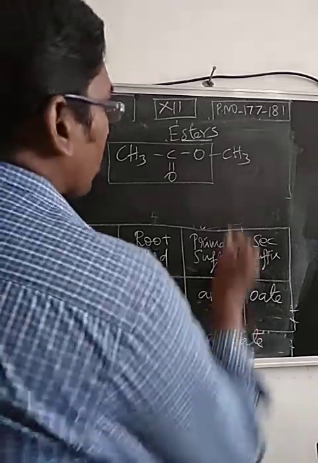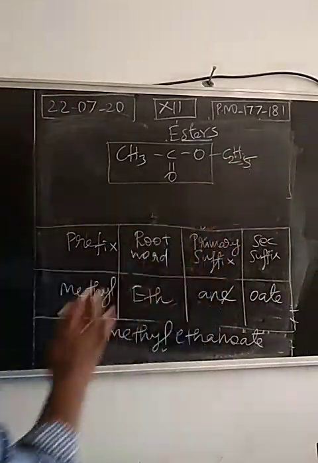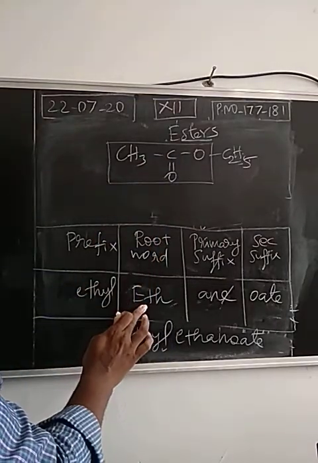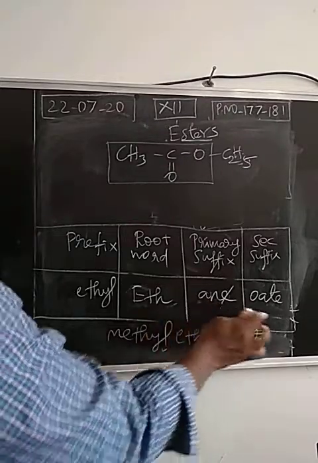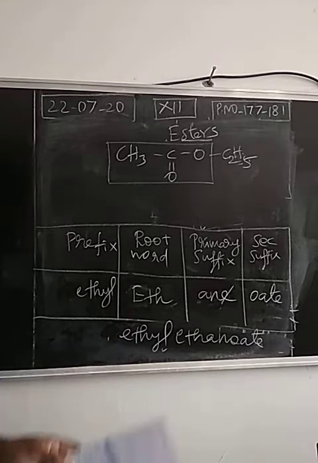Second member. So this is an ethyl group. Ethyl, 2 carbon atoms in the chain, eth root word, only single bond, primary suffix ane, secondary suffix oate. So this is ethyl ethanoate.